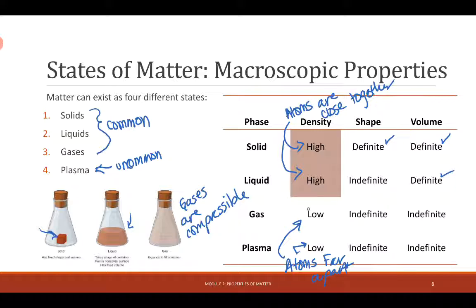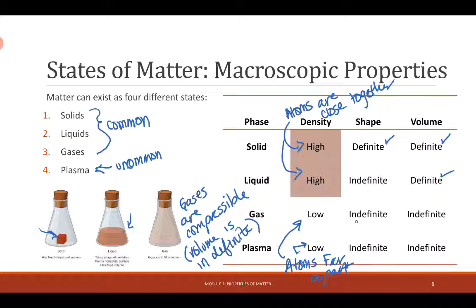And since they are compressible, the volume is indefinite. That means it's not certain. This gas will expand to fill a larger volume, or you can compress it and then it will occupy a smaller volume.